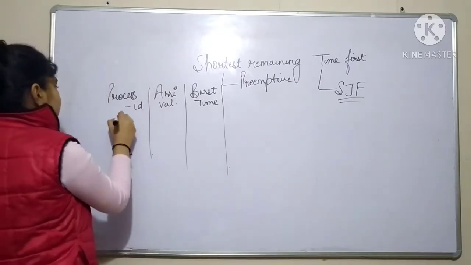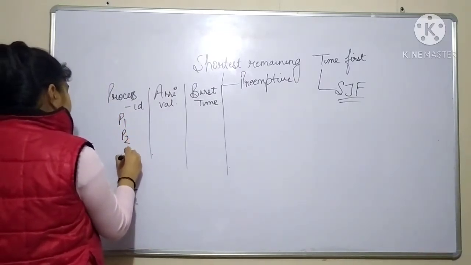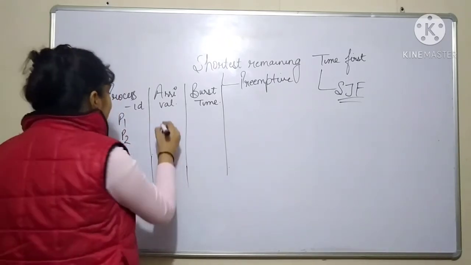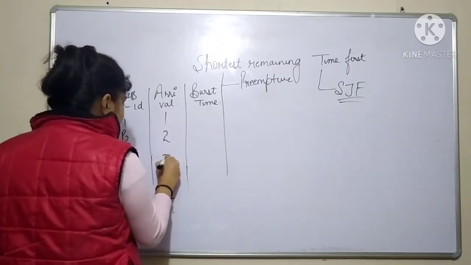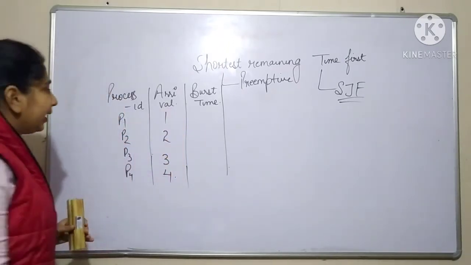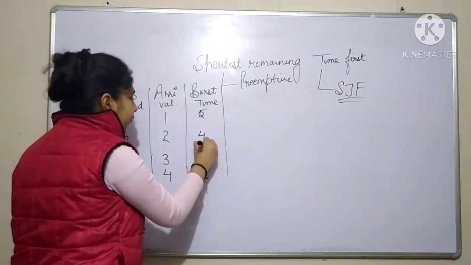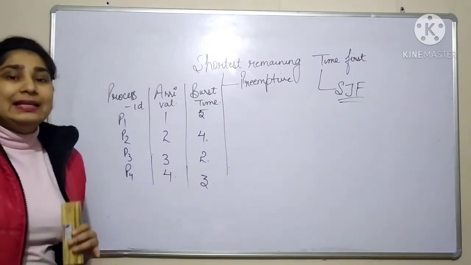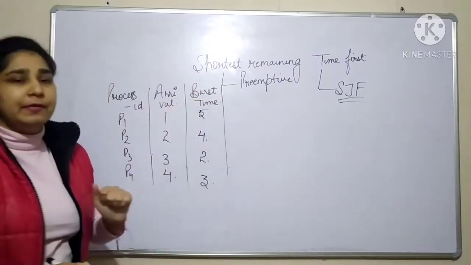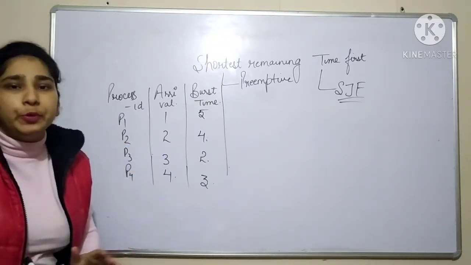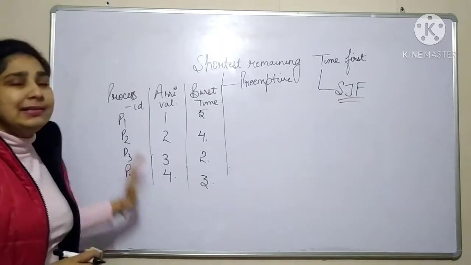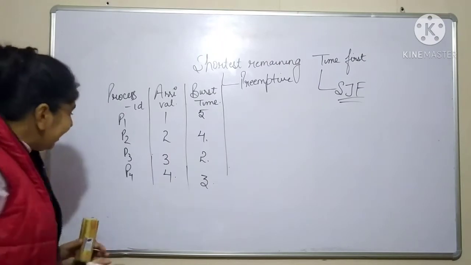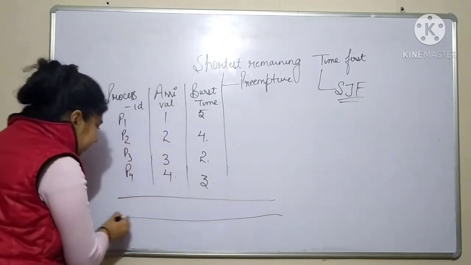We have four processes P1, P2, P3 and P4, and their arrival times are 1, 2, 3, 4. The burst times are 5, 4, 2, 3. Let's apply the shortest remaining time first algorithm on this input and check how well this algorithm is going to perform. Let me make a Gantt chart for it.